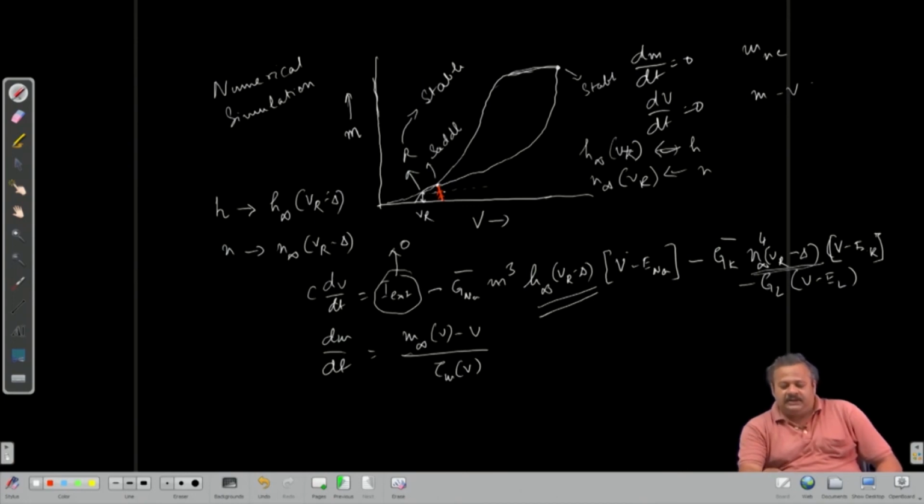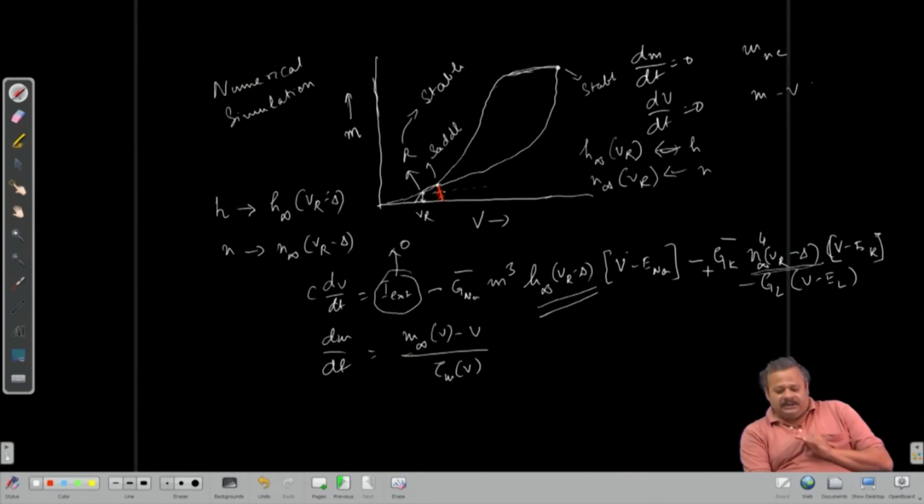When we change this to VR minus delta, the nullclines will change. The dm/dt equals 0 nullcline, the m nullcline, is not going to change. However, because of the change in h infinity and n infinity, the dV/dt nullcline is going to change.